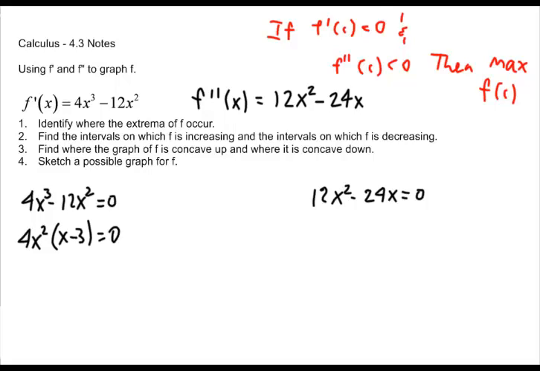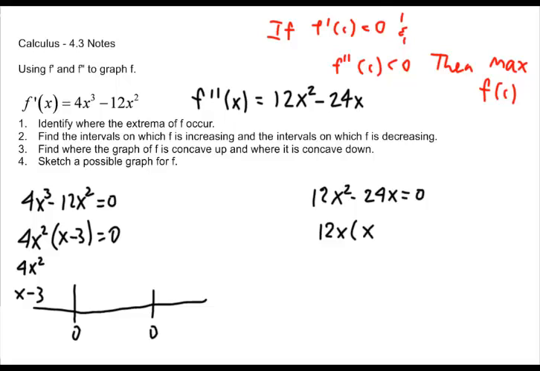So on my number line, I'm going to be working with a 3 and a 0. And I'm going to be looking at 4x squared, and I'm going to be looking at x minus 3. With my second derivative, I can factor out a 12x, and that gets me x minus 2 equal to 0.